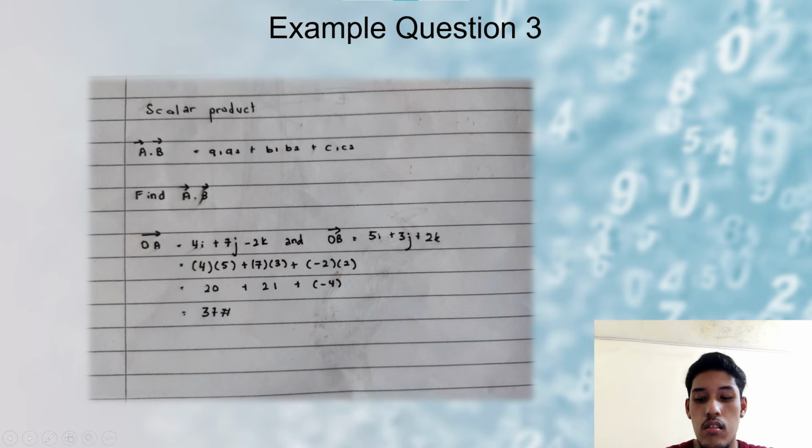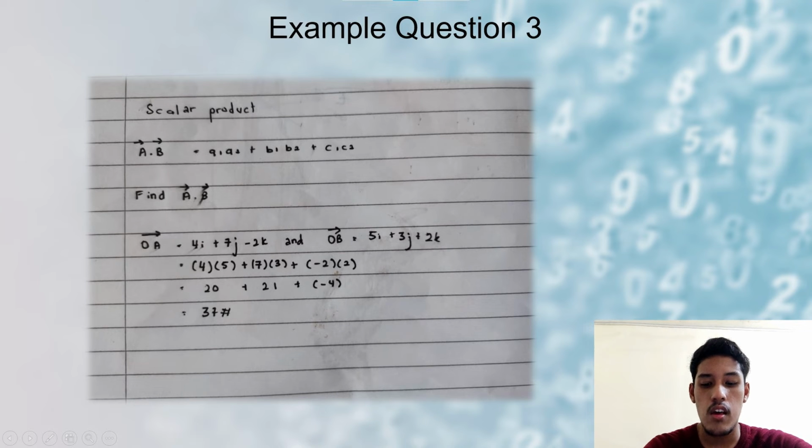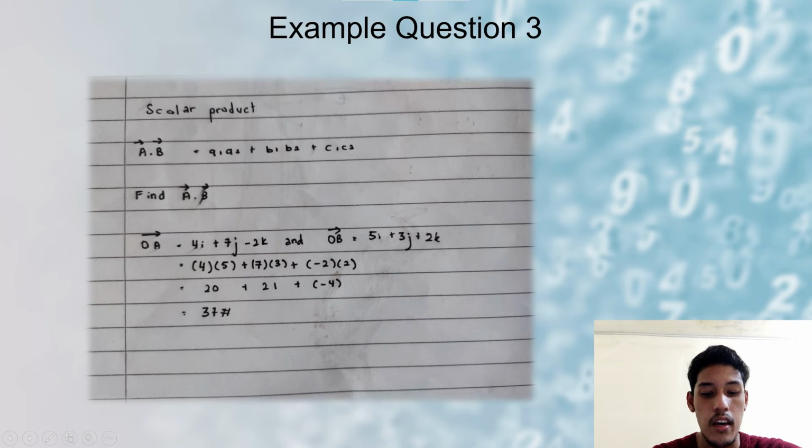For the solution, we have to find OA first. OA equals 4i plus 7j negative 2k, and OB equals 5i plus 3j plus 2k.